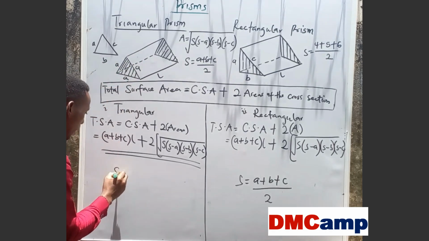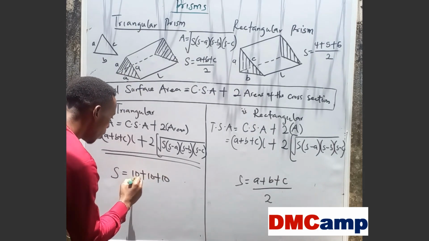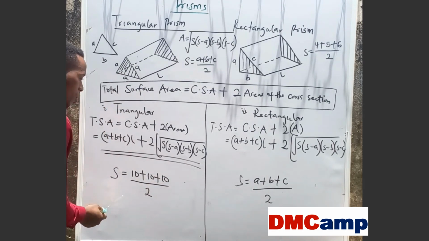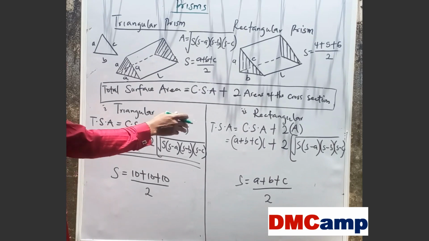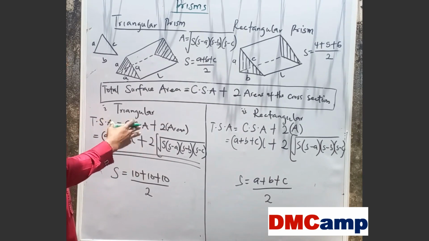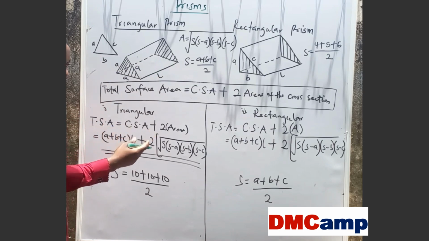So your S here is going to be 10 plus 10 plus 10 all over 2. So this will give you the value of S. So this is how to derive the total surface area for both the triangular prism and the rectangular prism.